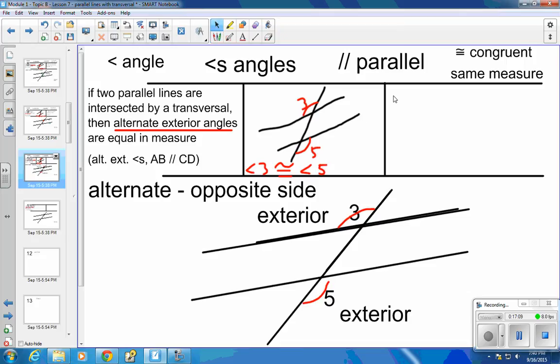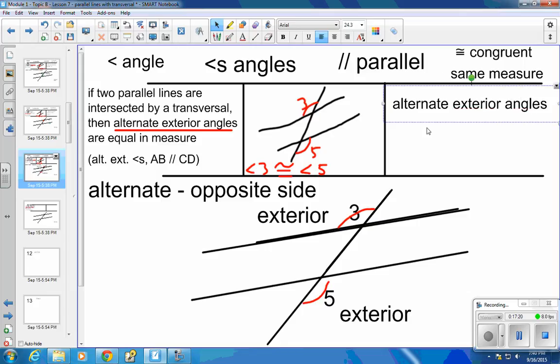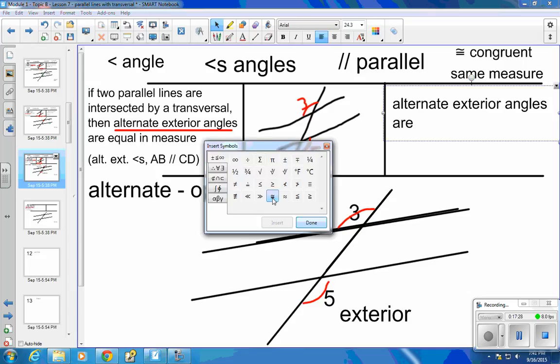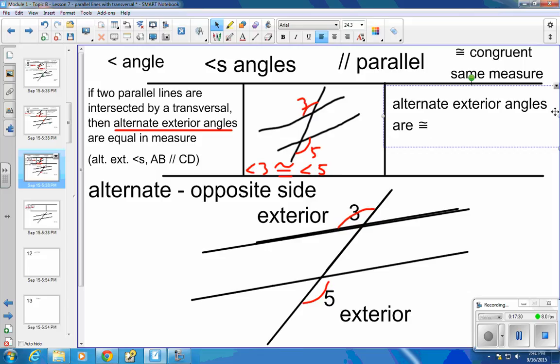So we write alternate exterior angles are, and we can put that congruent symbol. Okay, alternate exterior angles are congruent. They have the same measure.